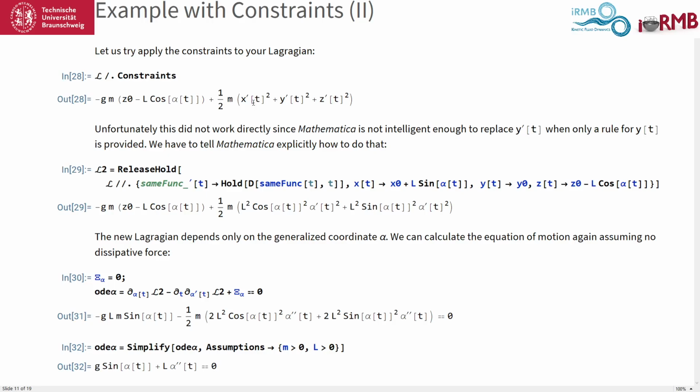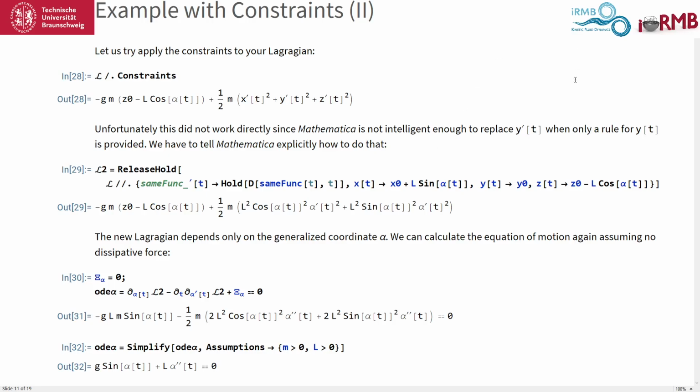And the reason here is that Mathematica is either not intelligent enough or they didn't want to do it that way, I don't know, but it's only substituting things that it can directly identify. Sometimes it does not see that there is something in it.